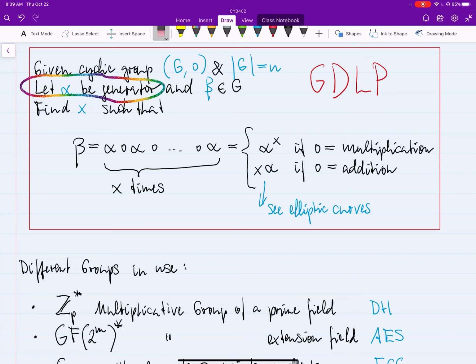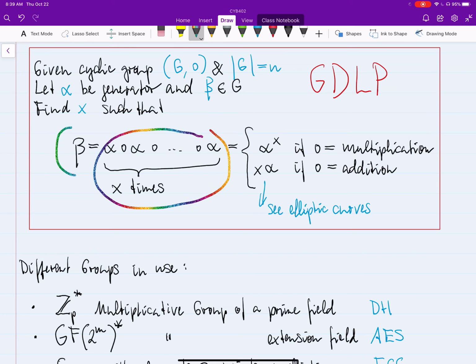So find an x such that if we apply the operation to alpha a number of times, specifically x times, the result would be beta.